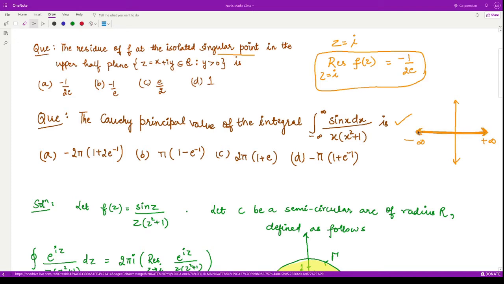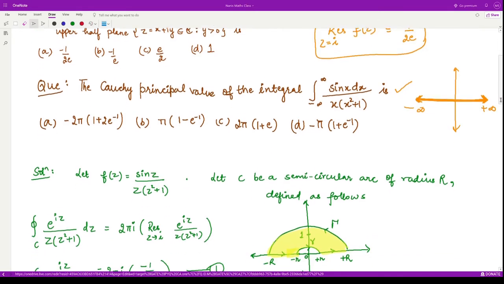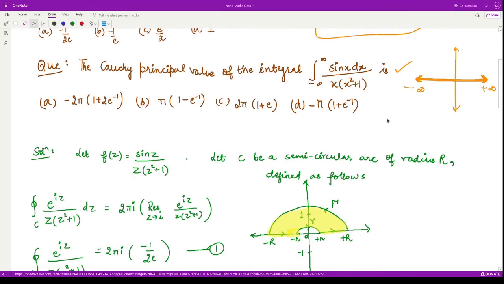What we can do is convert this integral into the variable z. We'll replace x by z, so we would have sine z divided by z times z square plus 1.